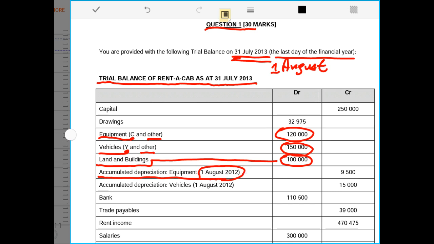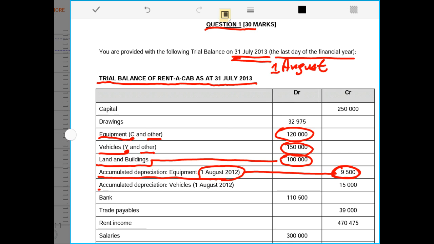Therefore, it begins in the year 2012 again, which is the 2013 accounting period. The total accumulated depreciation is 9,500. I always highlight that it's important that students should be able to calculate this amount, however, I will not prove that in this exercise.